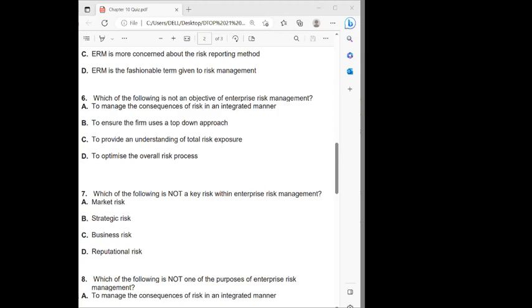Let me see. Which of the following is not an objective of enterprise risk management? Not an objective, right?